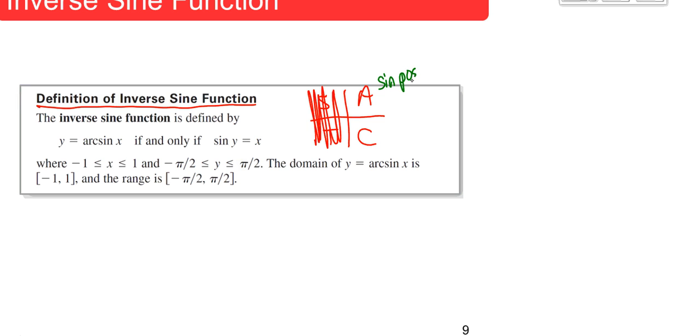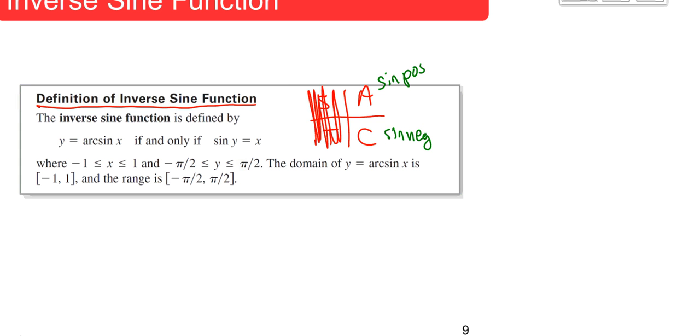We can't keep going that way, because this is the S area, and the sine is positive there. We need the positive and the negative values. So sine is positive there, and sine is negative there. The nice thing is, whether it's a positive angle or a negative angle, the reference angle is going to be the same.